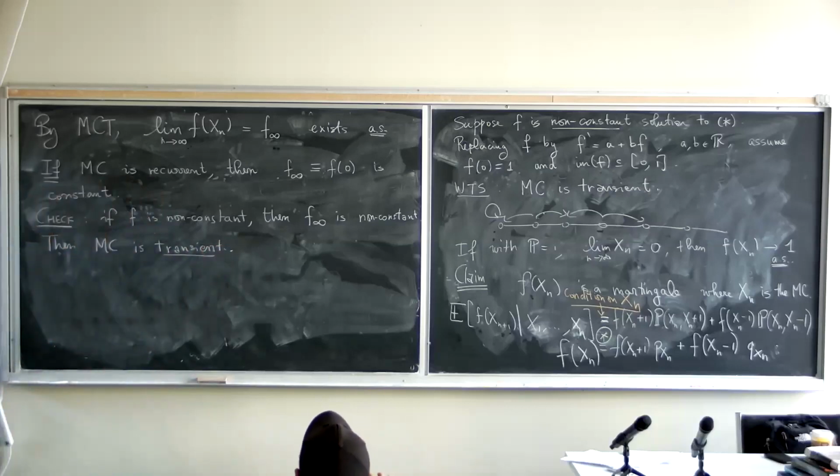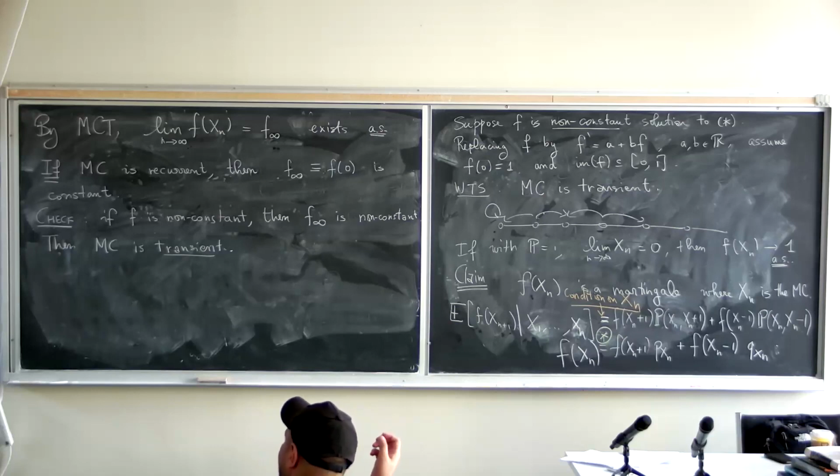Yep. So for the forward direction of this proof, we chose f to be the probability that you visit 0. I was expecting the proof of the converse to be that you start with an arbitrary harmonic function, and you can think of it as, or it's in some sense maybe close to, the probability that you visit certain points.